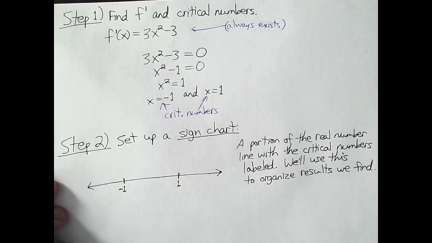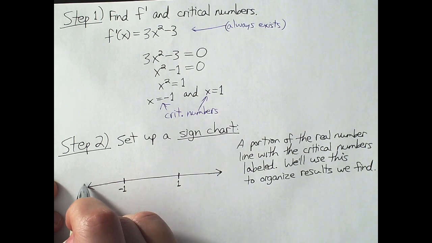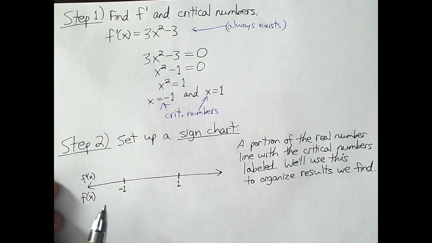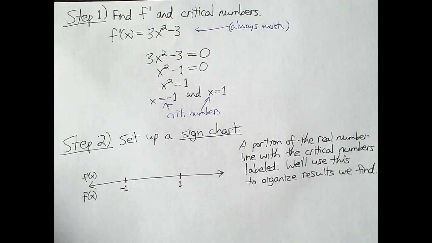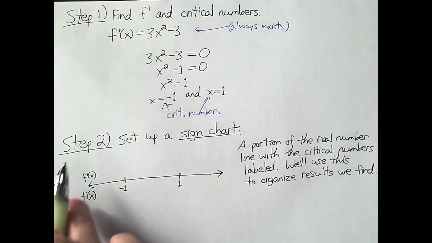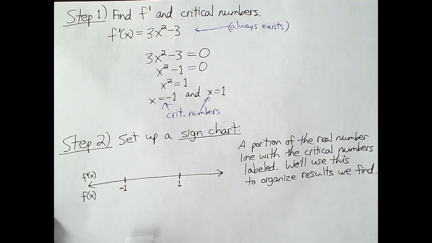And there's one other thing that we usually do with these sign charts. Over here, I'm going to write f prime of x, and over here, I'm going to write f of x. This is to keep track of what's the function that we're working with. We're working with the function f of x, and what's the derivative we're working with? F prime of x. That's it for step 2. Step 2 was to draw this.